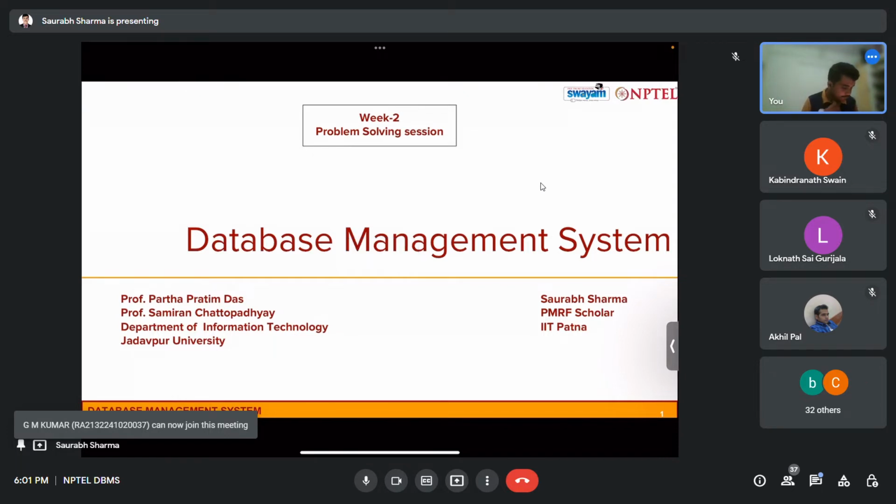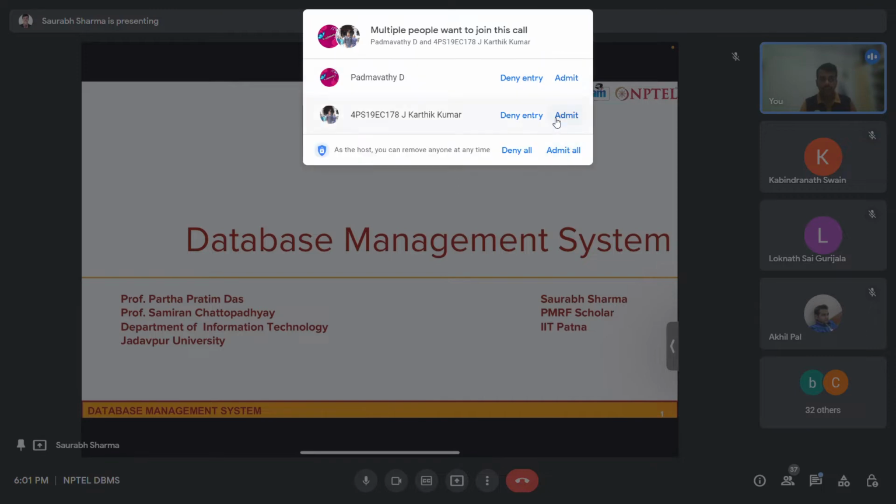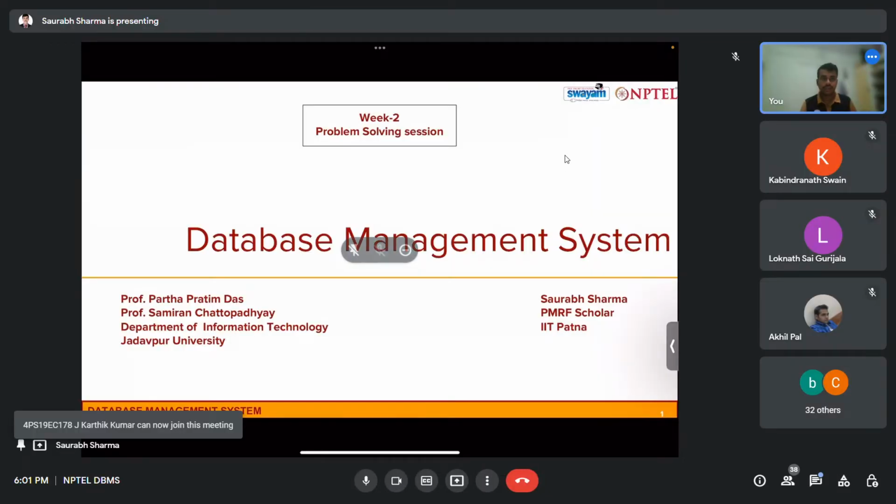So in week 2, basically the focus was on SQL and how we will perform the operations in SQL, how we will create tables, how we will create views, alter tables, and also how we will create some roles.